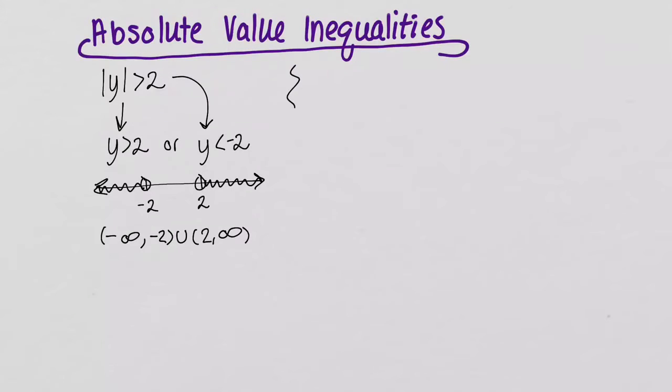Now, if instead we had something like |x| is less than or equal to 7, so we have a less than symbol, for this what we're going to do is sandwich it. So I'm going to do negative 7 less than or equal to x less than or equal to positive 7. So when it's a less than symbol, you take this number, make it negative, then you just keep the direction that this one's facing.